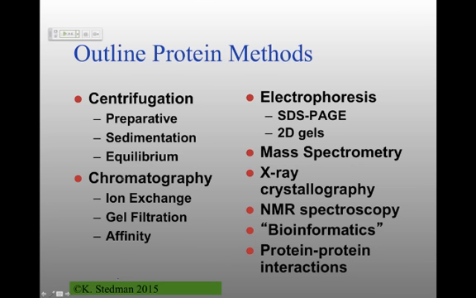Analysis, electrophoresis, which we've talked about a little bit already, particularly for proteins, SDS-PAGE, so SDS, sodium dodecyl sulfate, PAGE, polyacrylamide gel electrophoresis. Yes, we didn't have enough acronyms already. And then a little bit about what are called 2D or two-dimensional gels, which is a higher resolution way of separating proteins from each other. But this is in an analytical fashion.